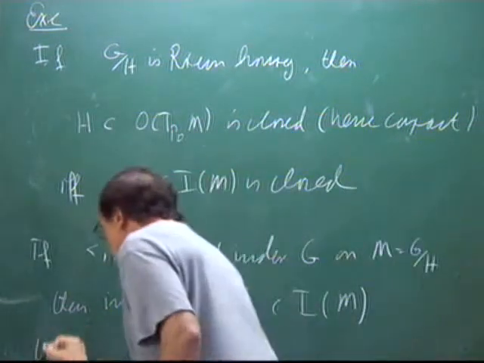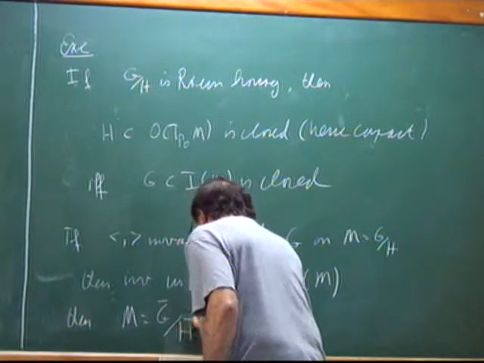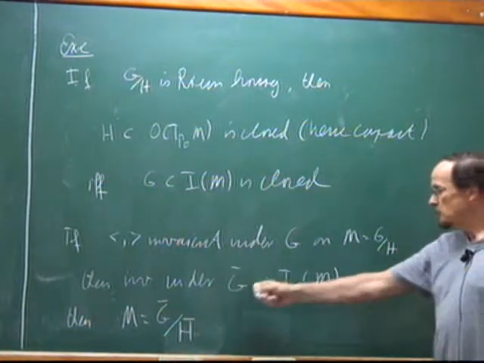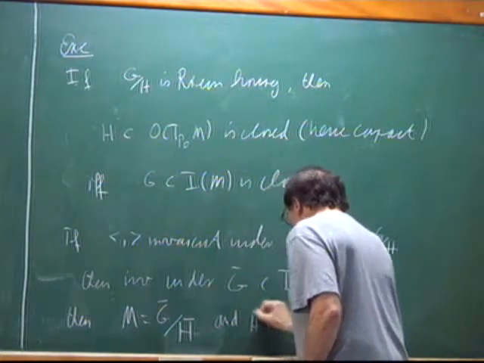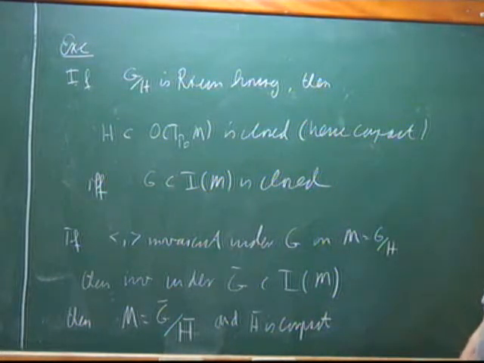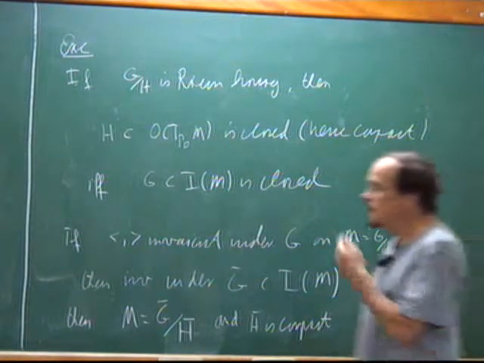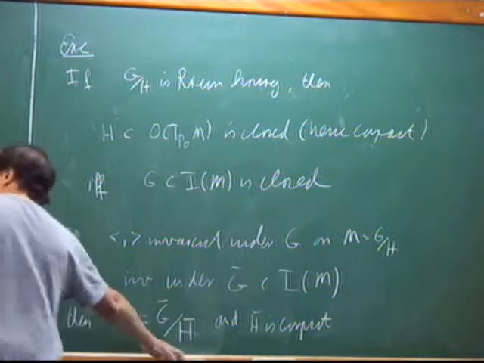And then I can write M as G bar mod H bar, since G is transitive, so the bigger group also is transitive, has a certain stabilizer, and this is compact. You might as well assume, whenever you talk about Riemannian homogeneous spaces, it's of the form G mod H with H compact. That's convenient. And then I write down a reductive decomposition in the fashion that I discussed here. Okay, so it's all background.